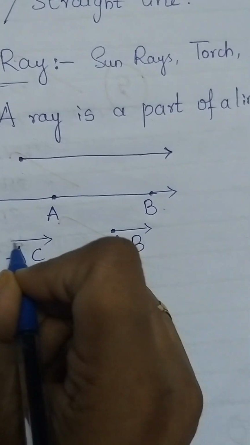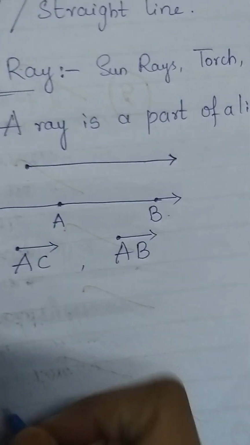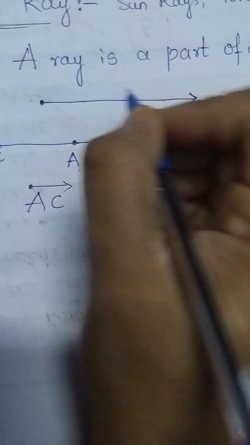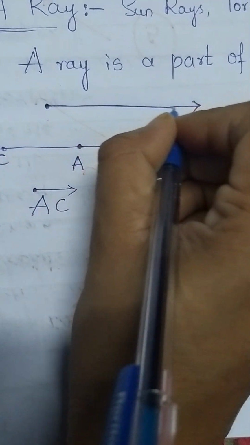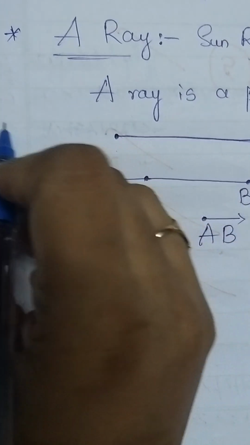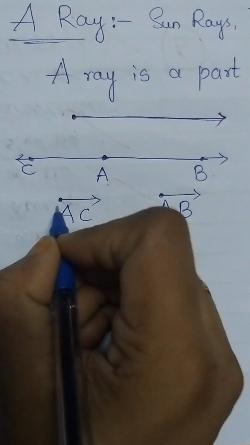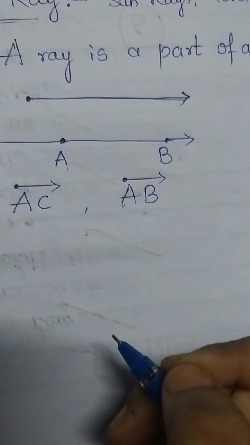A is the end point here. Only one end point in a ray means it starts from a point, the end point, and goes in this direction or in this direction. Okay, AC is a ray and AB is a ray.